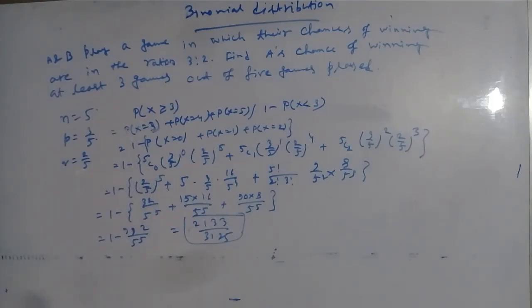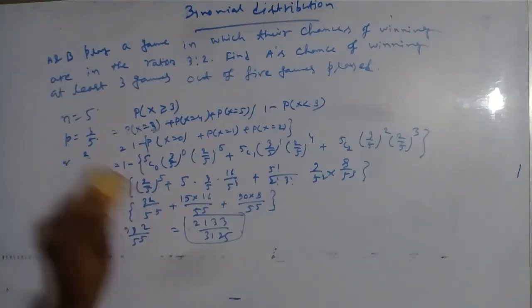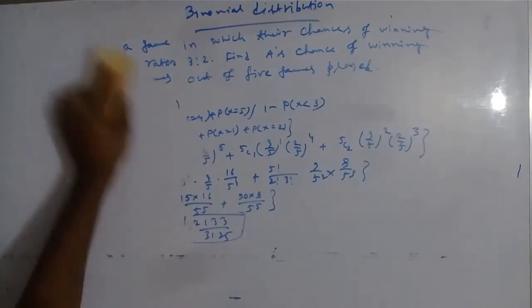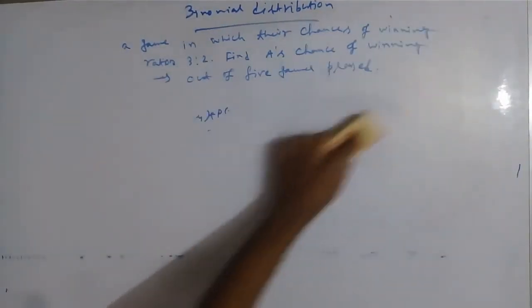Now I will give you a problem. You will try it at home, and you have to practice this type of problems to understand binomial distribution. This is your home assignment.